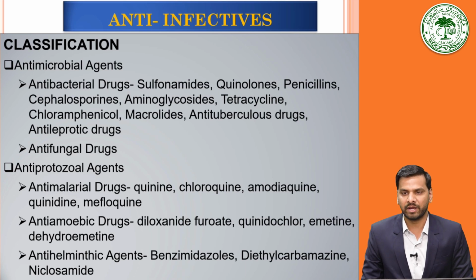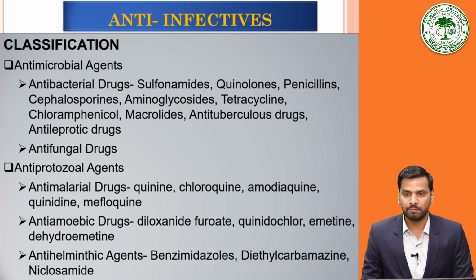Now, classification of anti-infectives. So, these are classified into two categories, that is antimicrobial agents and antiprotozoal agents. If we talk about antimicrobial agents, it includes antibacterial drugs, which are sulphonamides, quinolones, penicillins, cephalosporins, aminoglycosides, tetracycline, chloramphenicol, macrolides, antituberculous drugs, antileprotic drugs. And along with antibacterial drugs, we have antifungal drugs also.